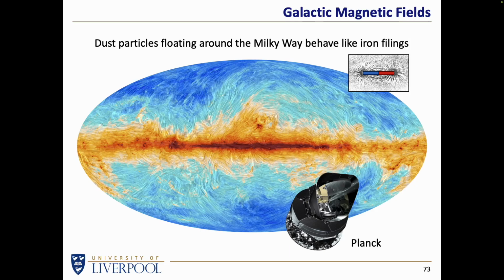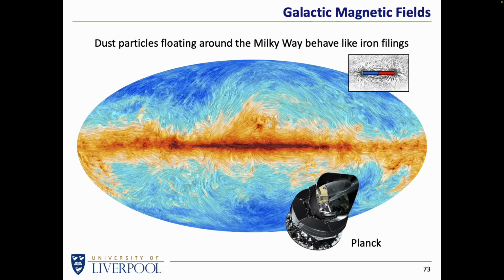If we look at, for instance, the background cosmic radiation picked up by Planck, some of that radiation is polarized because of dust, and dust tends not to be a uniform agglomeration. It tends to be very irregularly shaped, and these irregularly shaped objects will tend to align themselves in the magnetic field. So if we look at the polarization of light scattered by these dust grains, we map out something akin to the magnetic fields of the Milky Way.